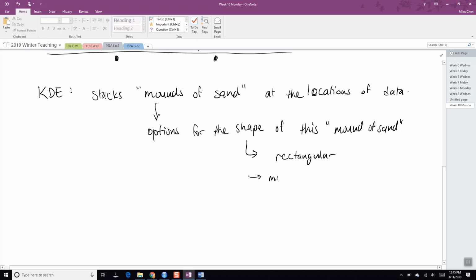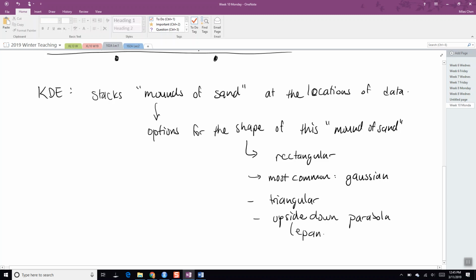Probably the most common is the Gaussian. But you can also do triangular, and then basically an upside down parabola, which gets a fancy name. It's the Epanechnikov.